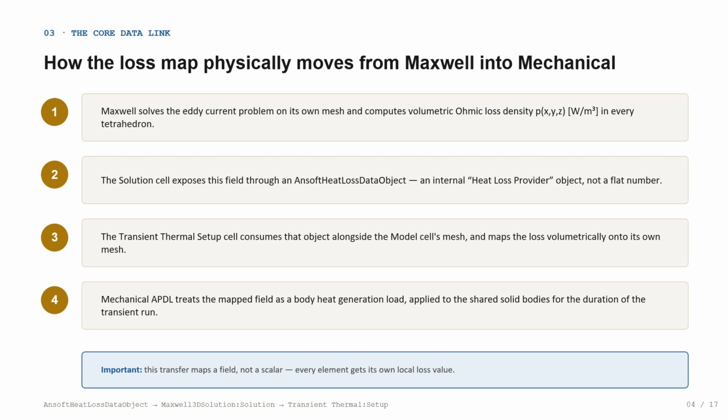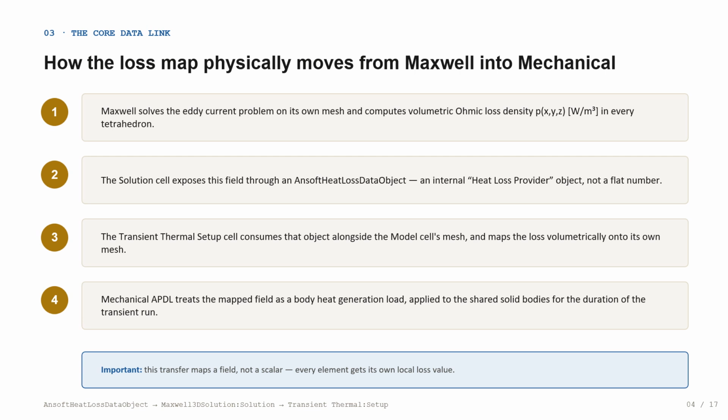Step 3. The transient thermal setup consumes that object, together with its own mesh from the model cell, and maps the loss volumetrically onto that thermal mesh, which in general is not the same mesh Maxwell used. This mapping step matters enormously in practice because a coarse thermal mesh can smear out a very localized electromagnetic hotspot. Step 4.